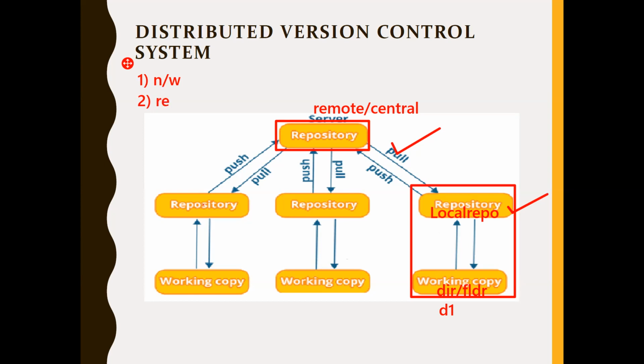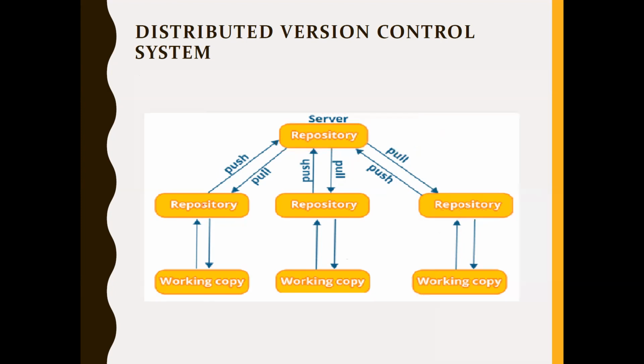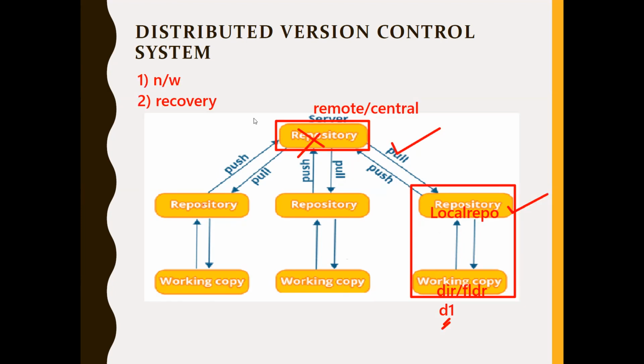Also, chances of recovery are more. Even if the central server is gone or crashed, every developer has a copy of the remote, which is called the local repository. So this is how a distributed version control system works.